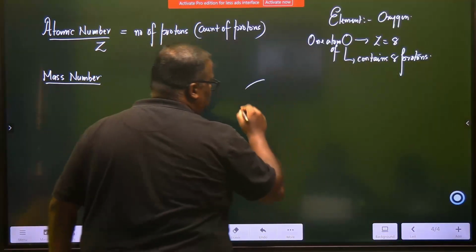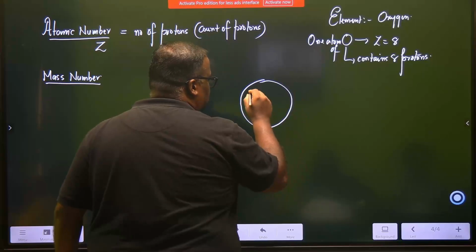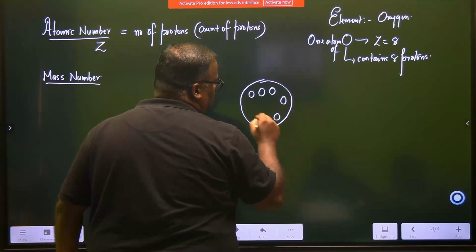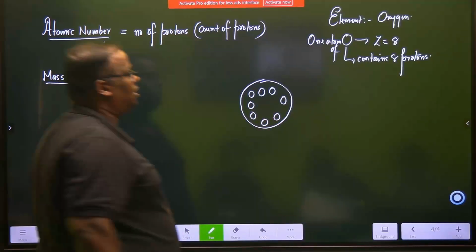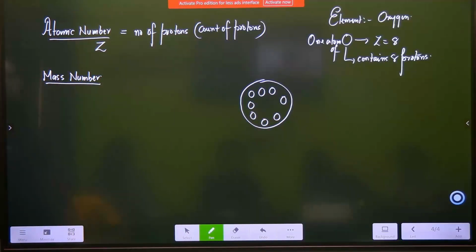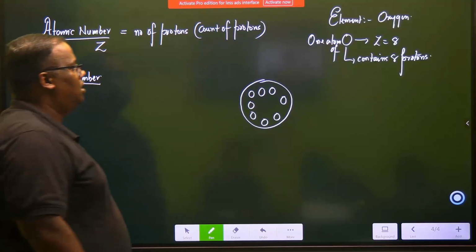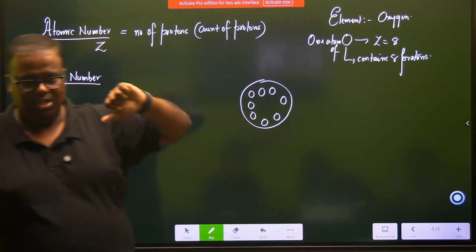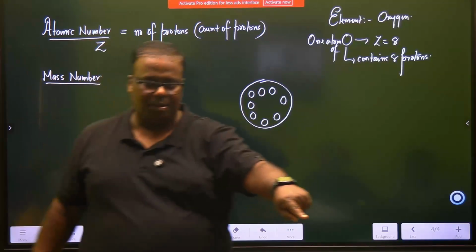So this is my nucleus, and in this nucleus I will have how many protons? 8 protons are there. 1, 2, 3, 4, 5, 6, 7, 8. Understood? Right?